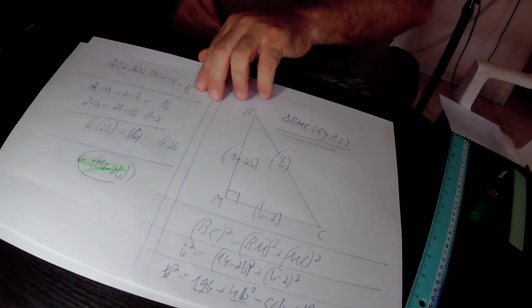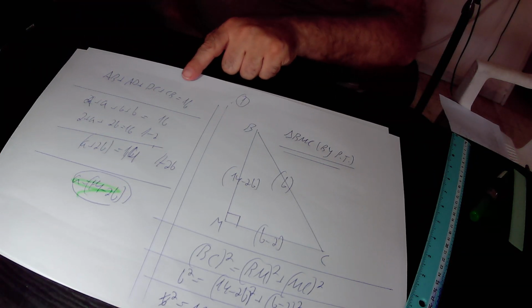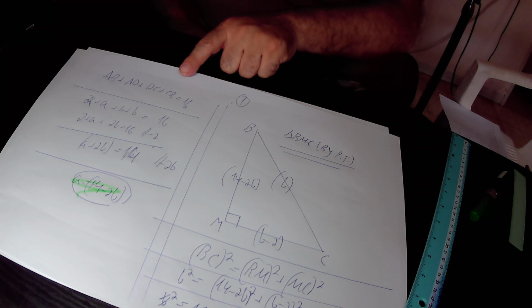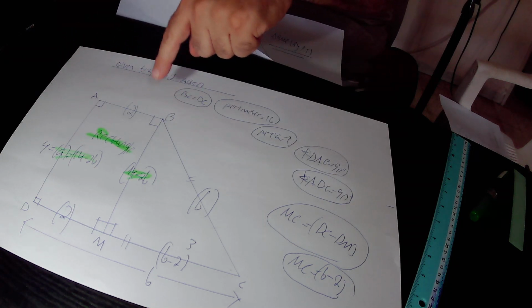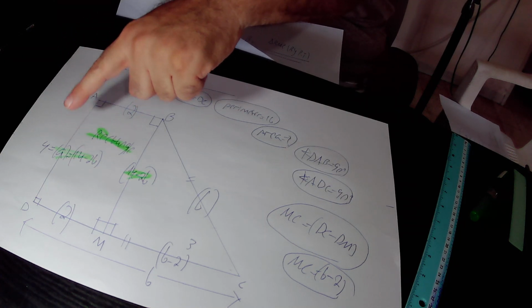According to what is given in the question, AB plus AD plus DC plus CB, that is the sum of all the sides of trapezoid ABCD, is equal to 16. AB is 2. AD is A according to our definition.